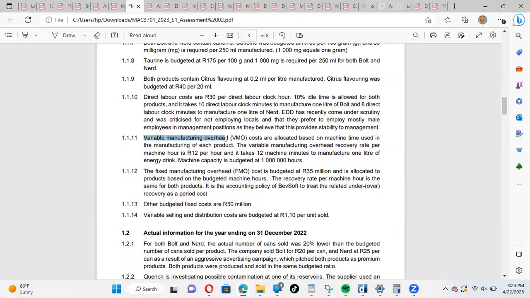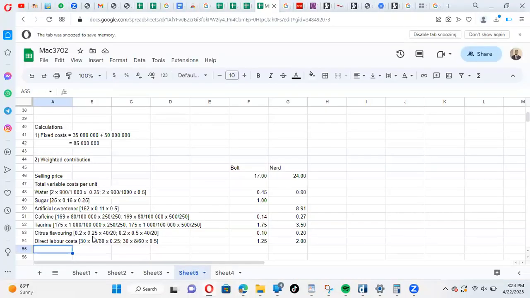Then we have variable manufacturing overheads. These ones, variable overheads recovery is 12 Rand per hour, and it takes 12 minutes to manufacture 1 liter of energy drink. Okay, so it's the same for both. So we're going for the machine hours now.